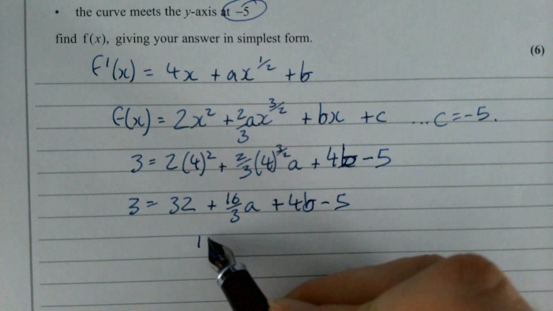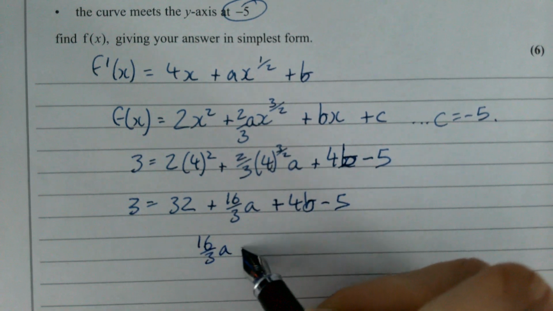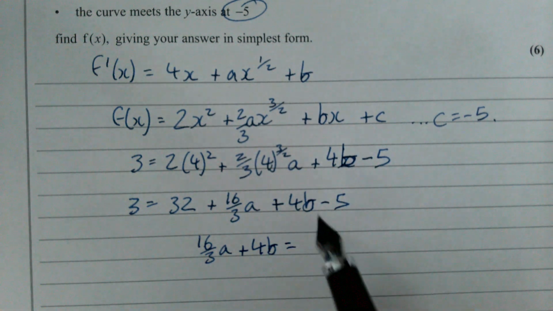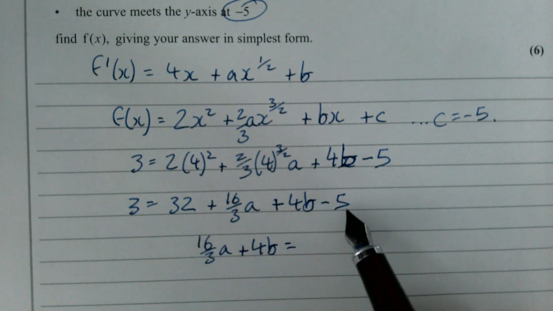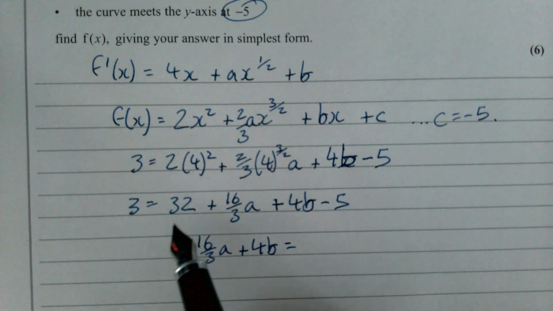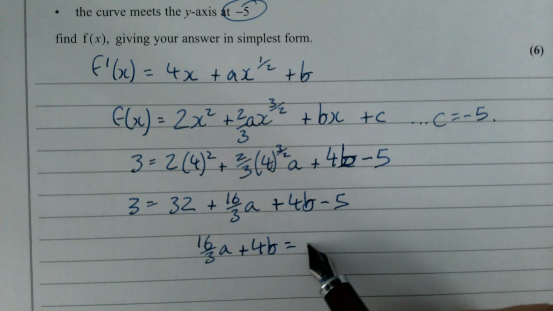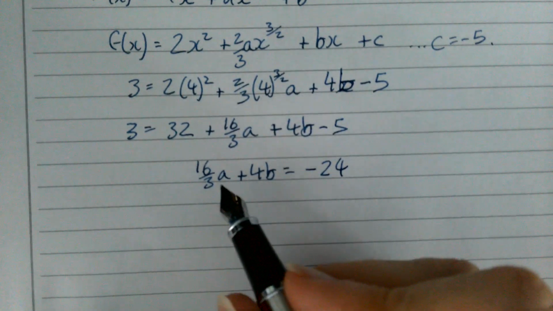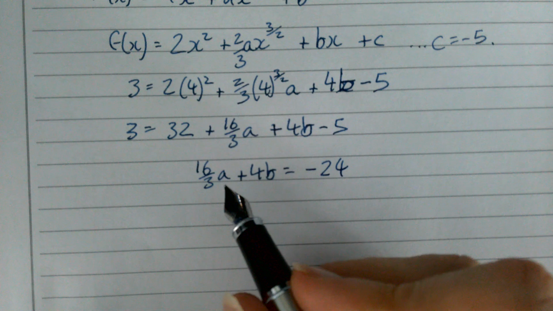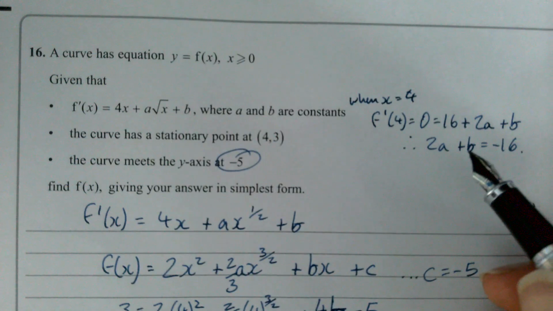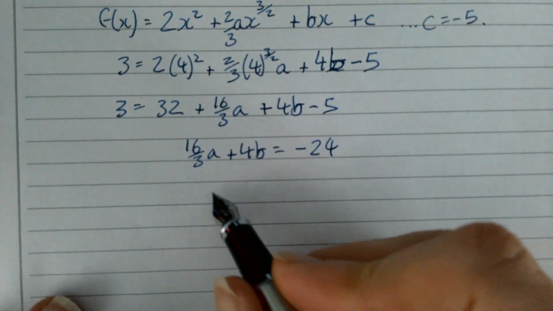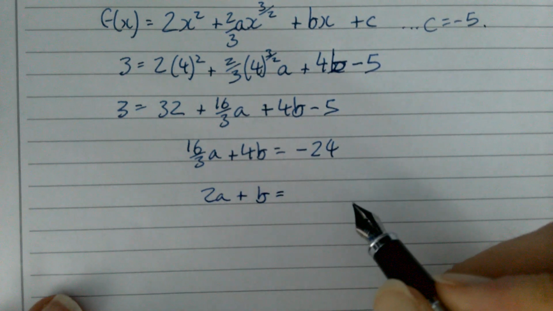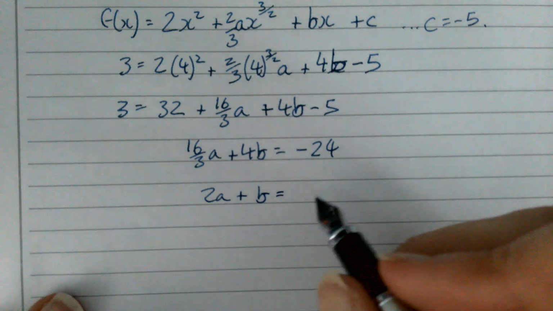So we've got 16/3 a plus 4b is going to equal 32 minus 5 is 27. 3 take 27 is negative 24. So I've got that equation, and remembering the one I had before, which was right up here, 2a plus b equals minus 16.